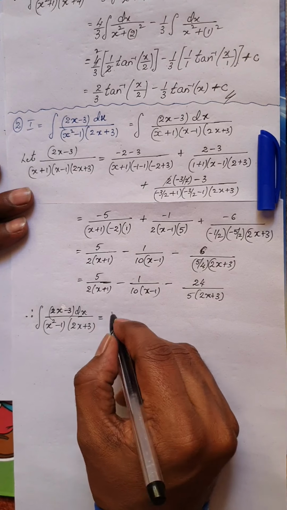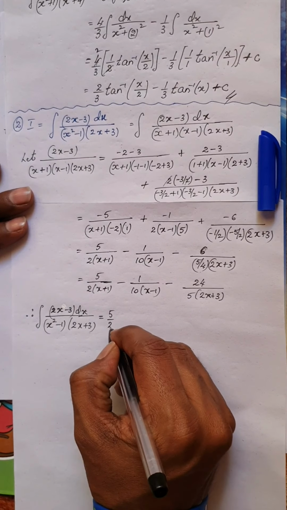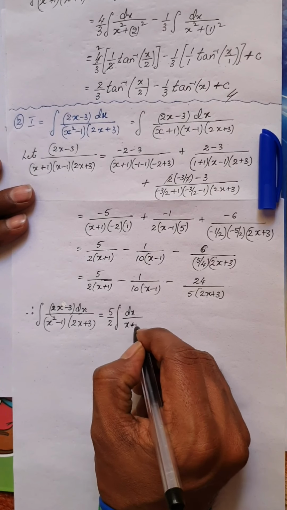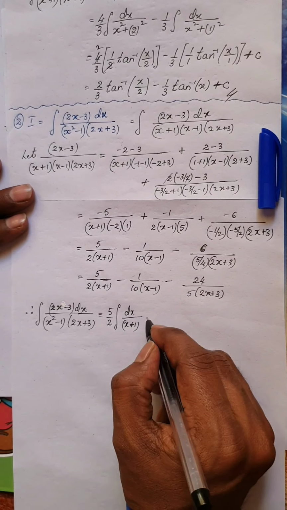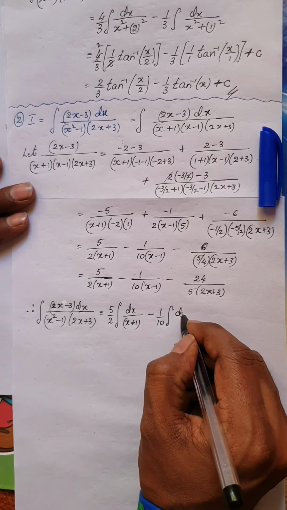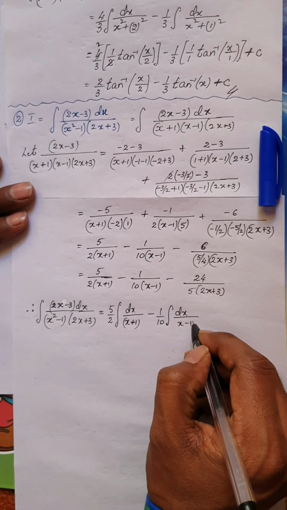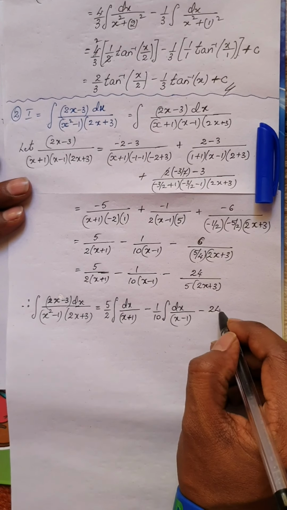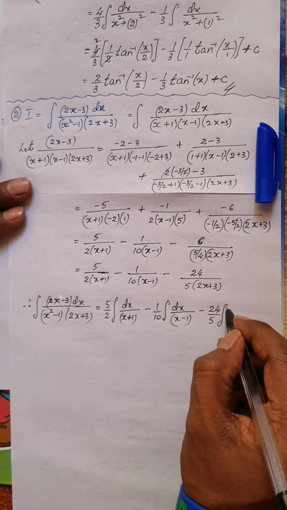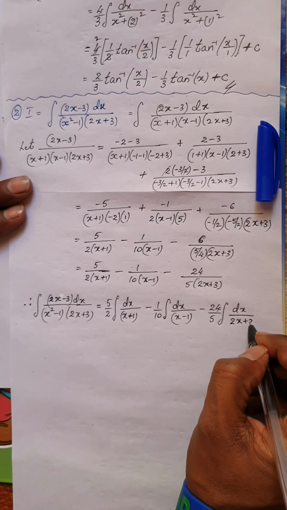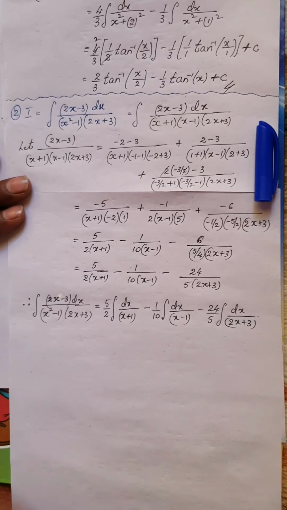So this would be 5 by 2 is a constant, integral of dx divided by x plus 1. Okay, similarly minus 1 by 10 into integral of dx divided by x minus 1. Okay, minus, it is 24 by 5 into integral of dx divided by, it is 2x plus 3, remember.